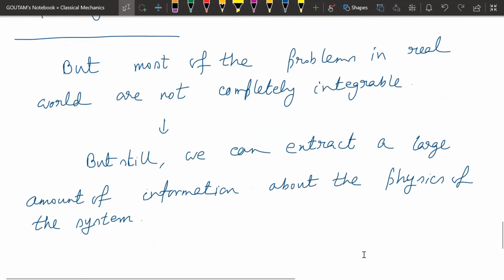We can know about a large number of different properties of the system.